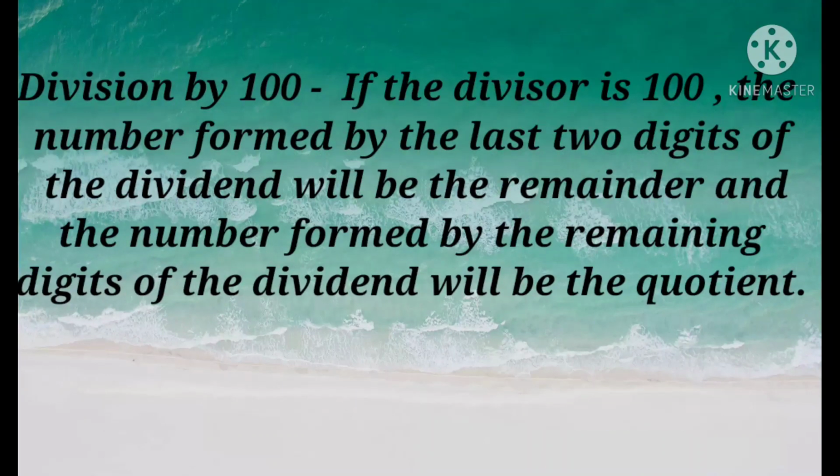Let's see the division by 100. If the divisor is 100, then the number formed by the last two digits, that is the units place and the tens place of the dividend, will be the remainder and the number formed by the remaining digits of the dividend will be the quotient.